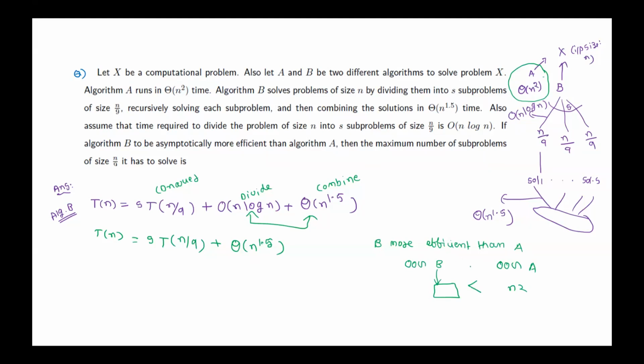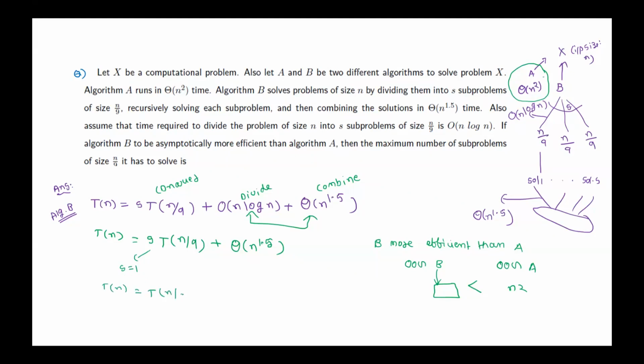Is there any doubt? Yes, sir. Okay. Now finally, the order of growth of B we should get as smaller than n squared. Now if S equals 1, then what is the recurrence?